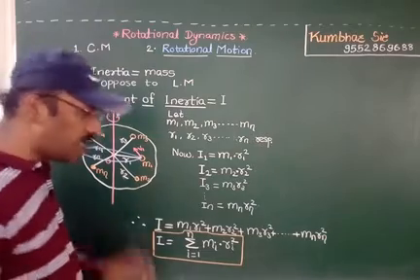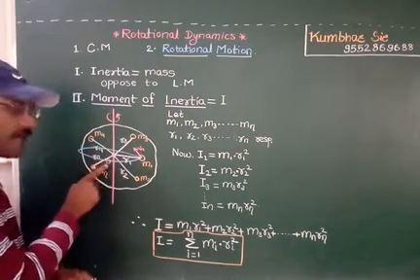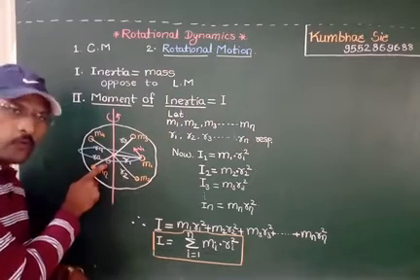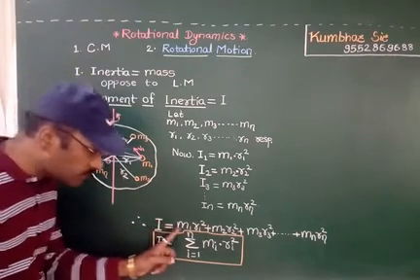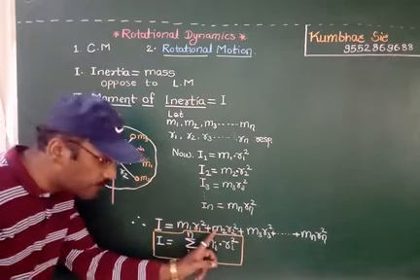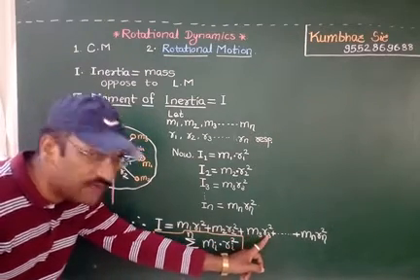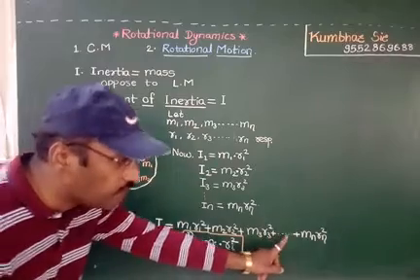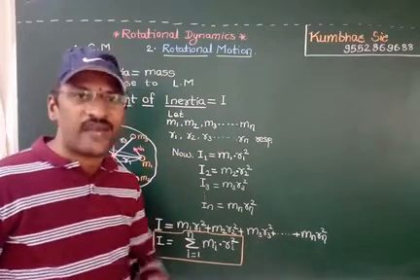Hence, the total moment of inertia of the whole body when it is rotating about an axis passing through the point O is I equals M1 R1 square plus M2 R2 square plus M3 R3 square plus, and so on, plus Mn Rn square.